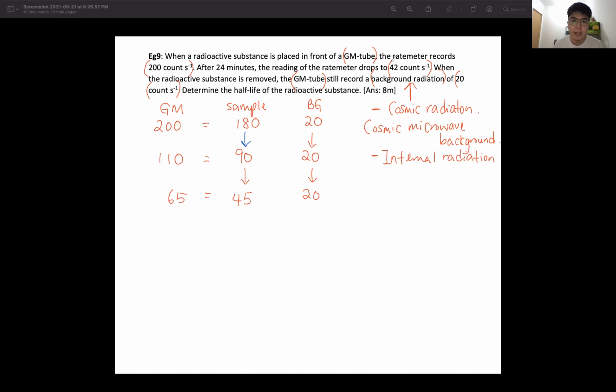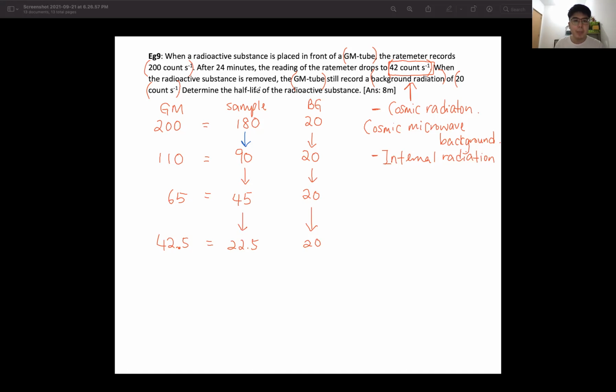So we keep doing that until the GM drops to 42 counts. So 45, again, we drop it to 22.5. This one is 20 also. So 42.5. We stop here, 42 count per second. This is an approximate estimate, same. So we stop here.